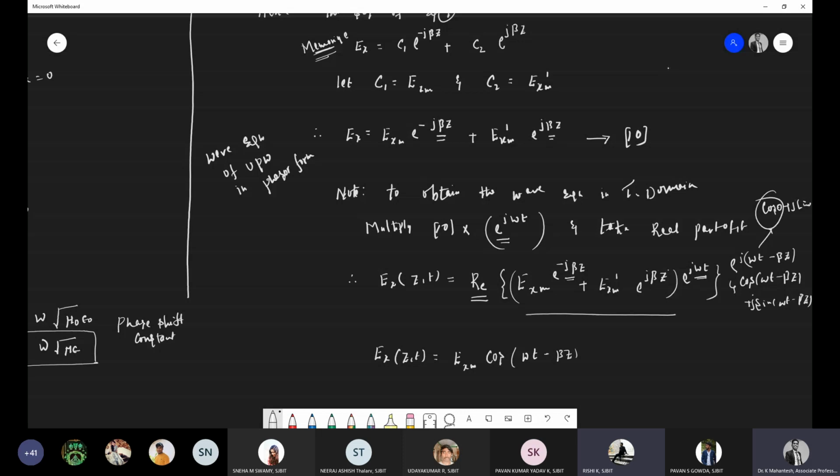So the real term of this multiplication will be Ex of z comma t equals Exm cos of omega t minus beta z plus similarly Exm dash cos of omega t plus beta z. See here, this term.